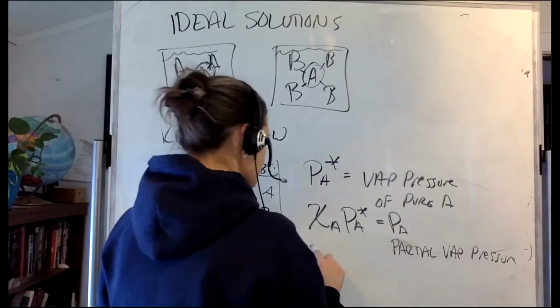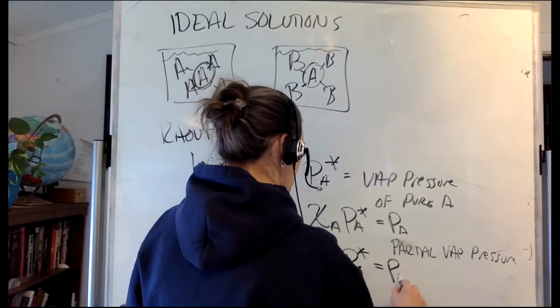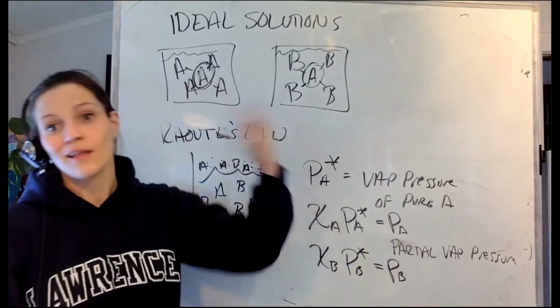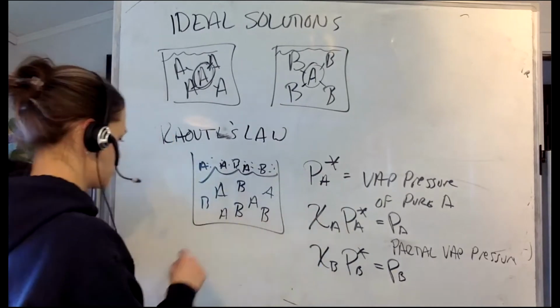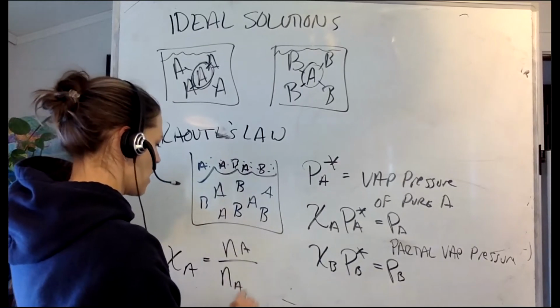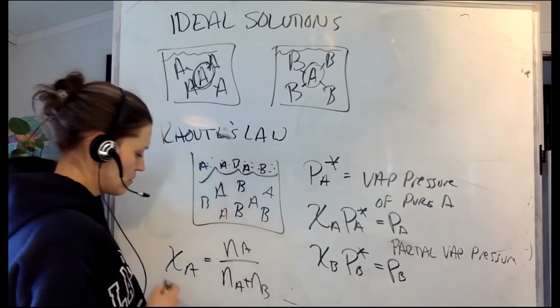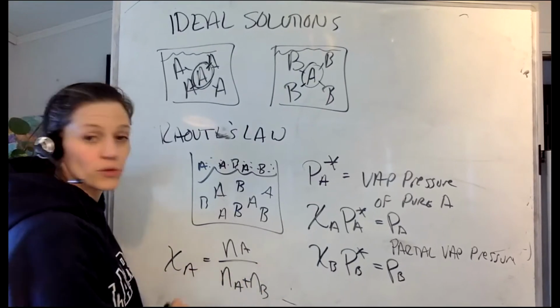And likewise, mole fraction B times PB star is equal to PB. We actually used this in the last video, so hooray, you already know this. And just to remind everybody, the mole fraction is equal to NA divided by NA plus NB, the moles of A divided by the total moles in your system.